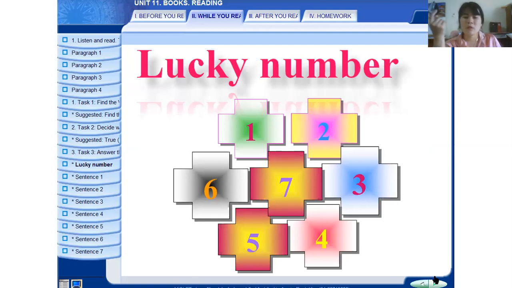If you are lucky and choose a number without any question, you can get 10 points without answering. You can work in 7 teams.